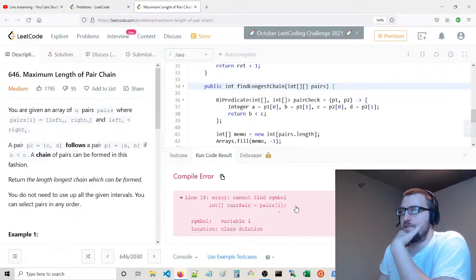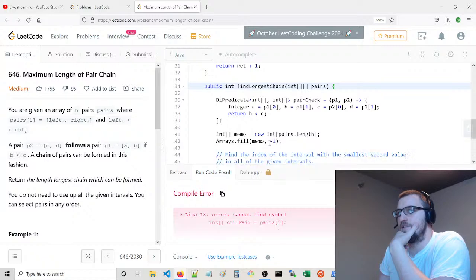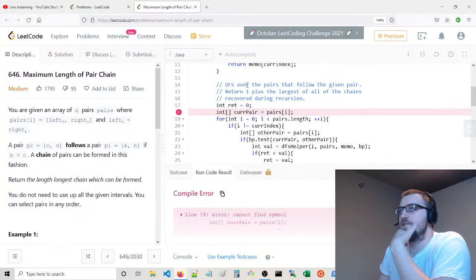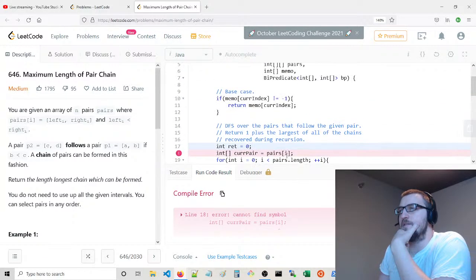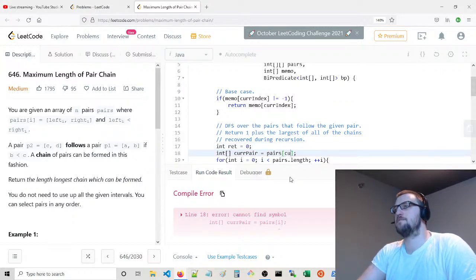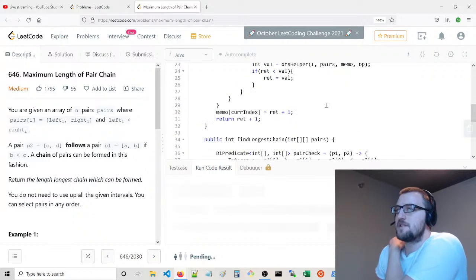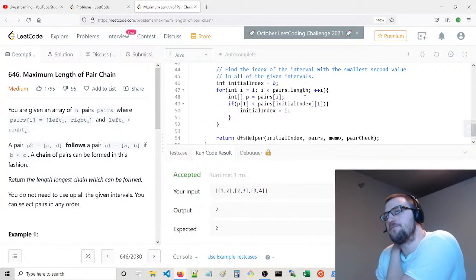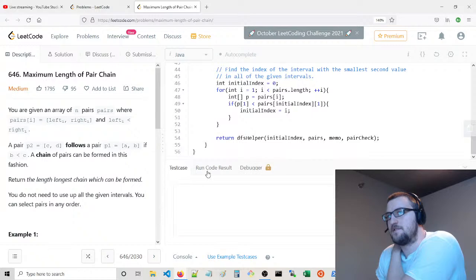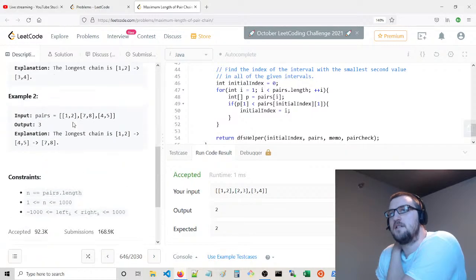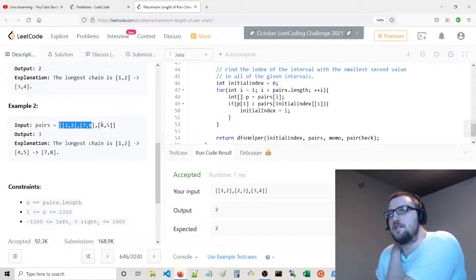Cannot find symbol, current pair, pairs of I, variable I. Oh, it worked. Hey. Compiled and executed. Imagine that.